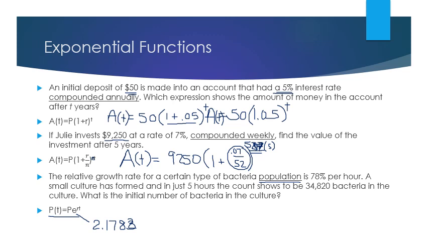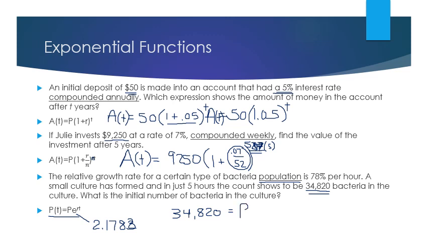So to set this up, we have to decide, is this the bacteria that we have now, or is this the initial amount? It says this is the amount that we have in 5 hours. So this number is going to go on the left side because it is the total we have now, and we're trying to find the initial amount. So the number we find will have to be smaller.